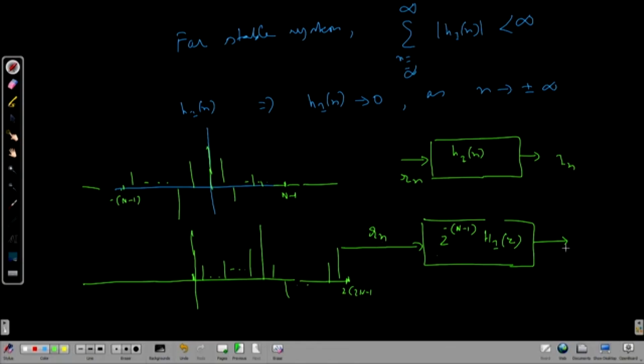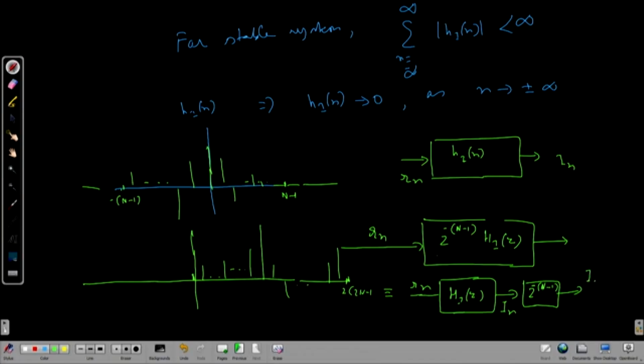But what will r[n] give? This is a system equivalent to first putting H_I(z) and then z to the power minus (N minus 1). But I know from this diagram, if r[n] is passed through H_I(z), I get my I[n], and now I[n] delayed by capital N minus 1.